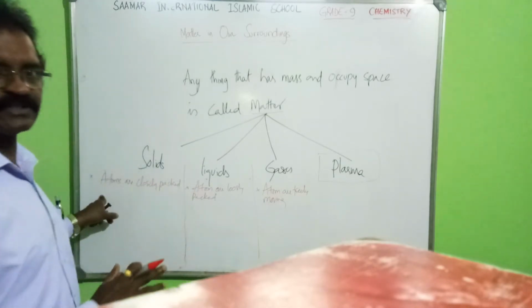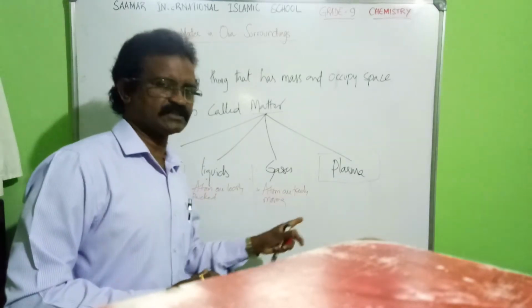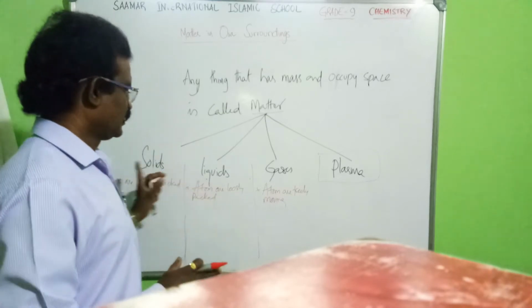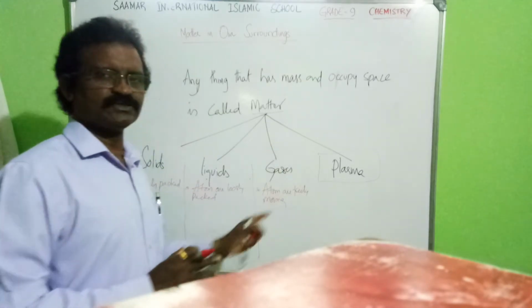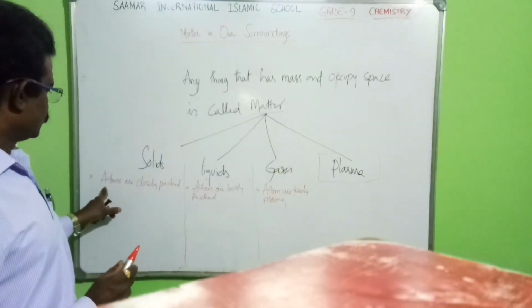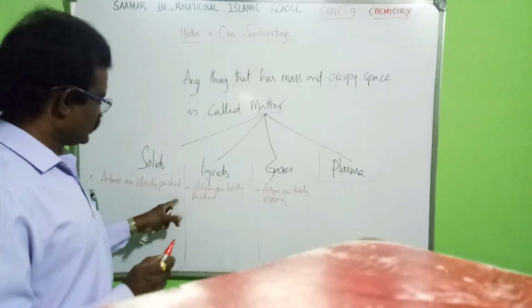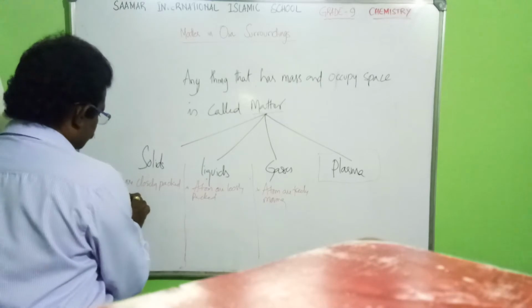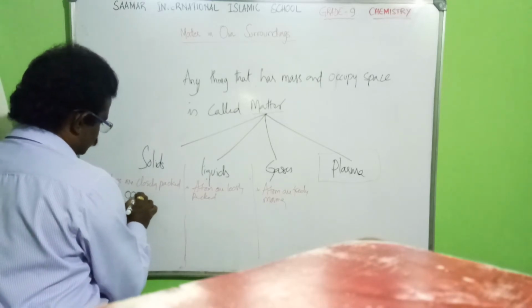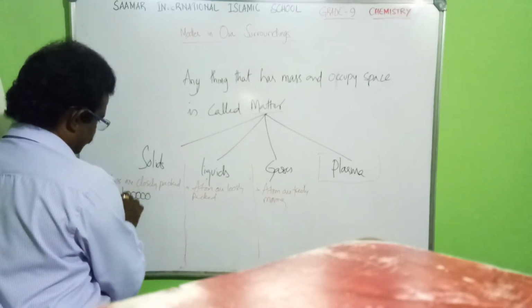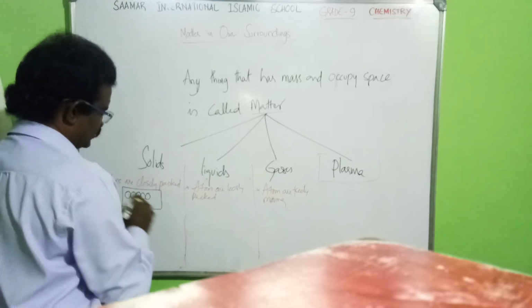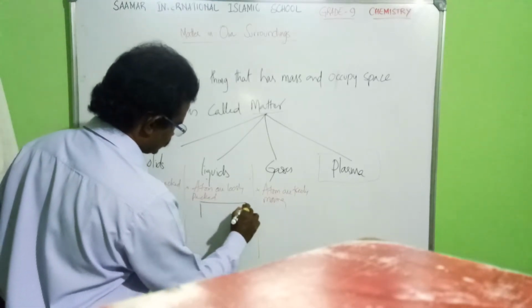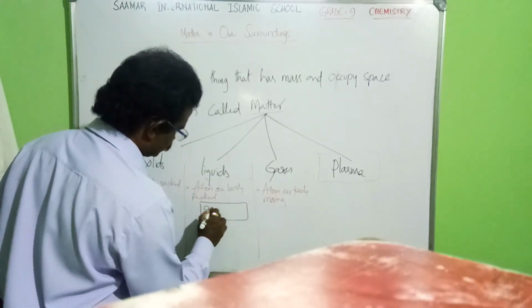You will have a question: differentiate between solid, liquid, gases, or differentiate between solids and liquid, or differentiate between liquids and gases. You should know. Here, the atoms are closely packed. That means there is no gap between the atoms. So they are closely packed. Whereas in the liquid state, they are loosely packed.